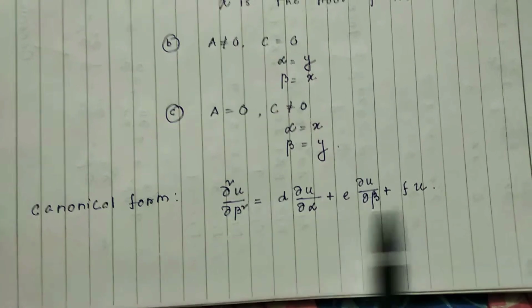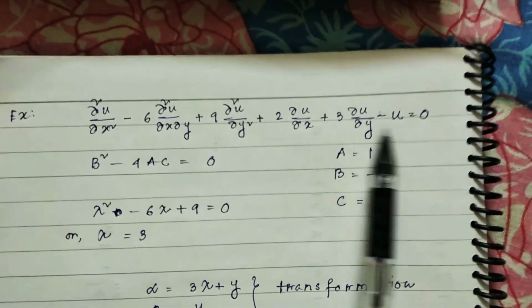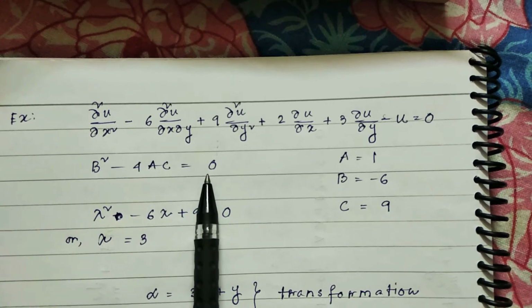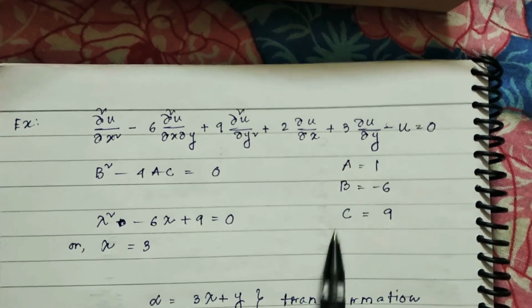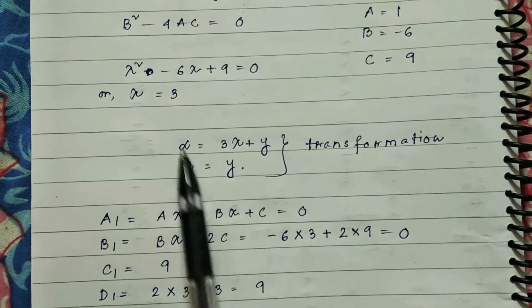So the canonical form will be this, because if you calculate the reduced coefficients, you will get this. For that, you take an example of this equation, which is obviously parabolic because b square minus 4ac is 0. We identify a, b, c like that. Solve, lambda equals 3, and the transformation is like this.